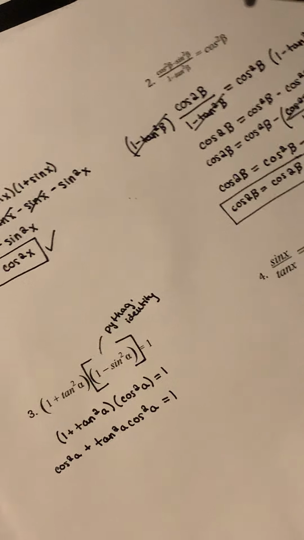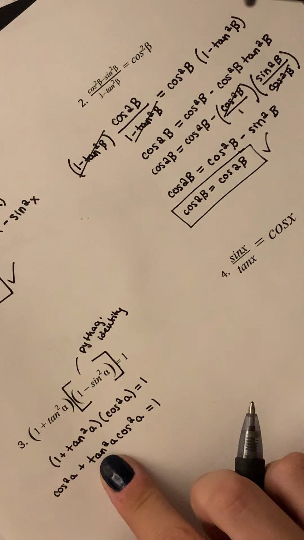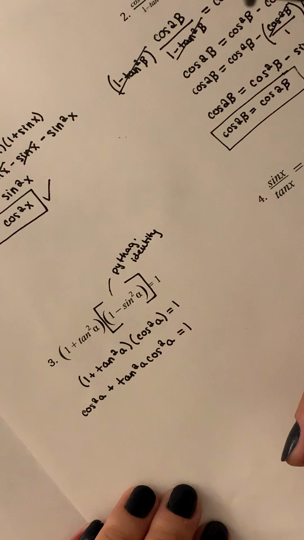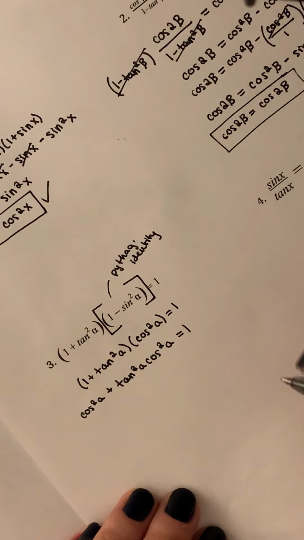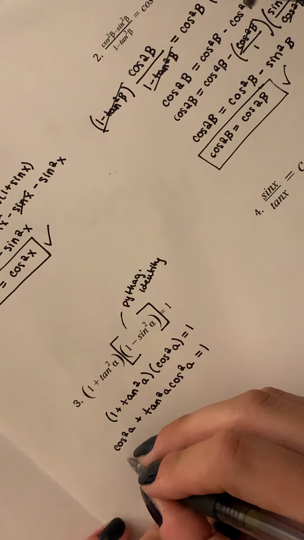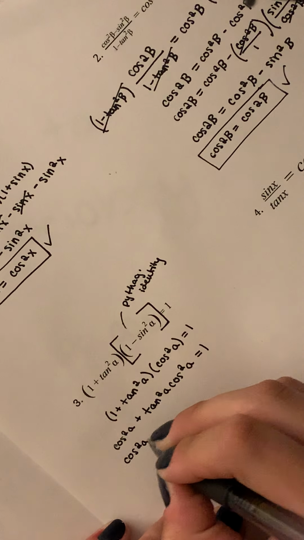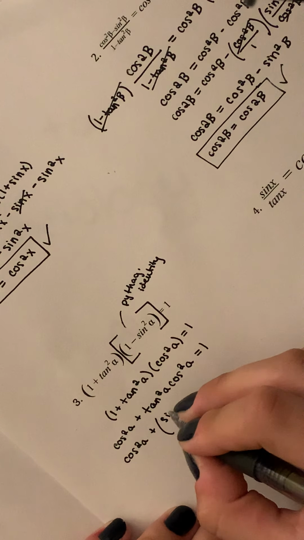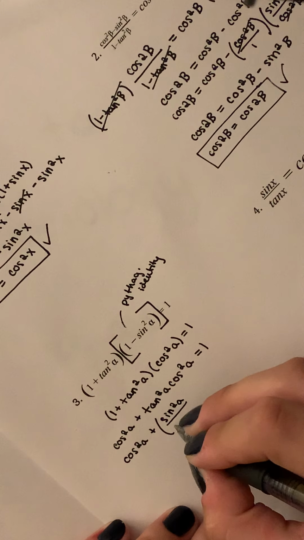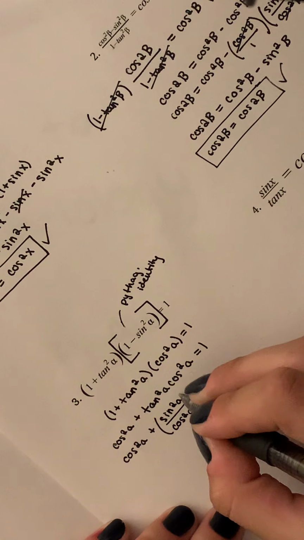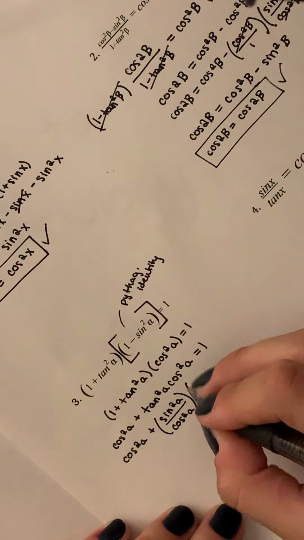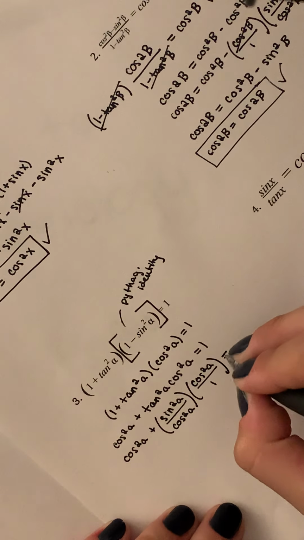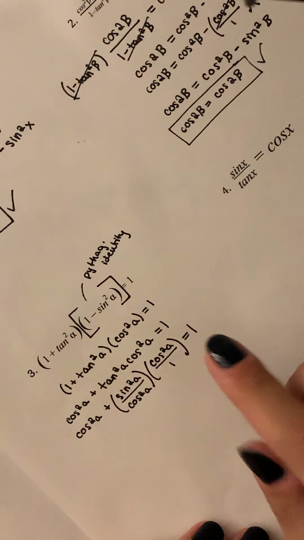Looking at what we want to do with what we have now, a tangent is very, very rarely ever going to be left in a final solution. So I'm going to work with that tangent value, copy down my cosine squared A. My tangent squared A is going to become a sine squared A over a cosine squared A, and we're multiplying that by a cosine squared A. I'm going to put that over 1, and we're still equal to 1.